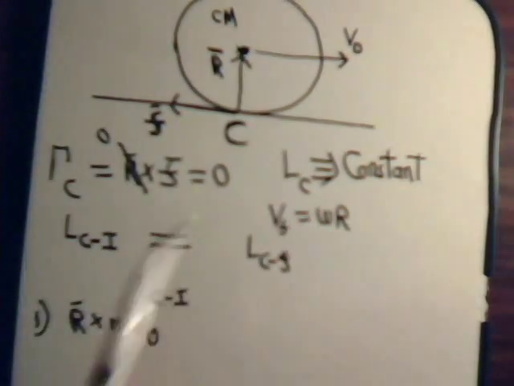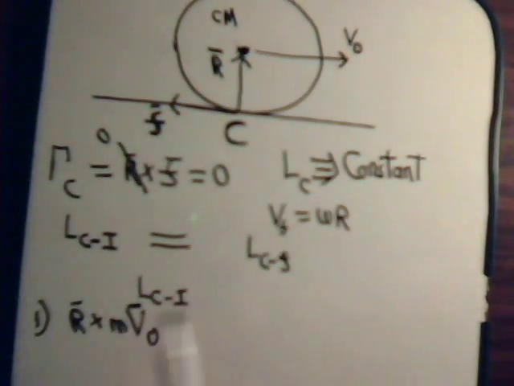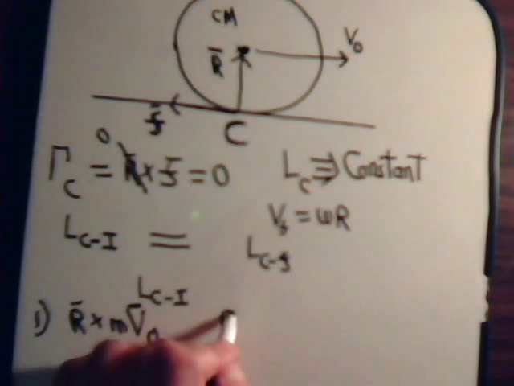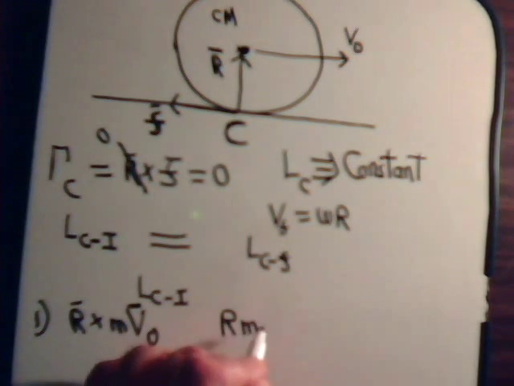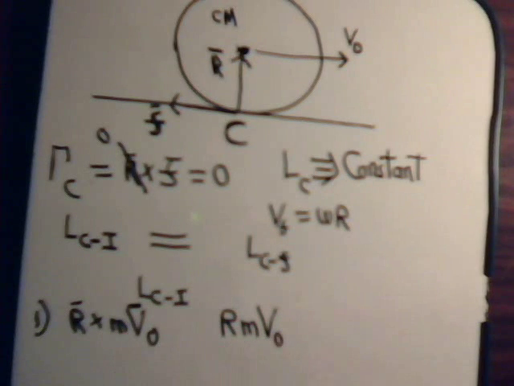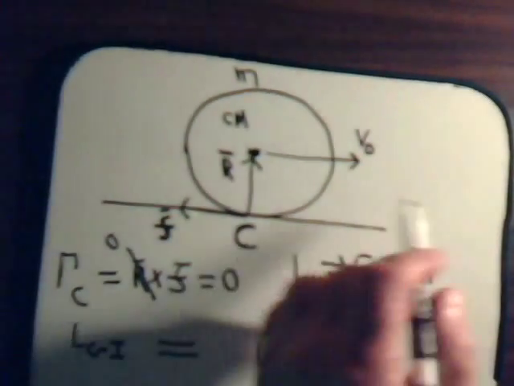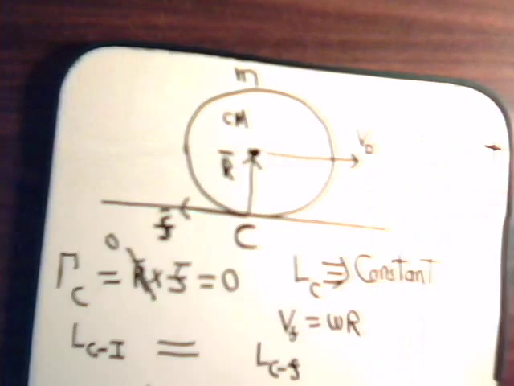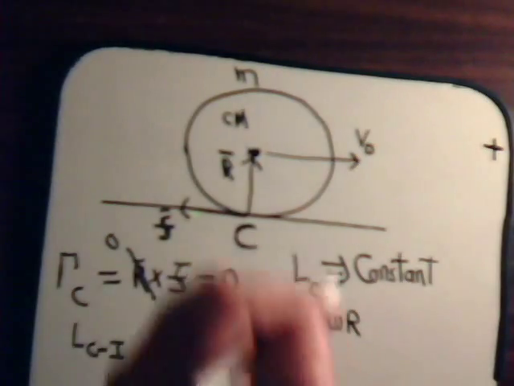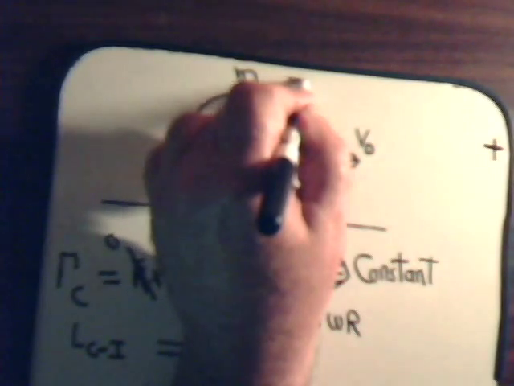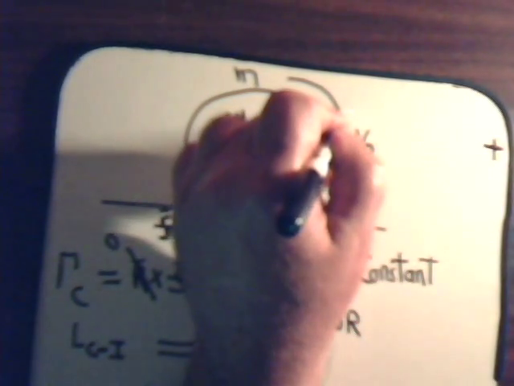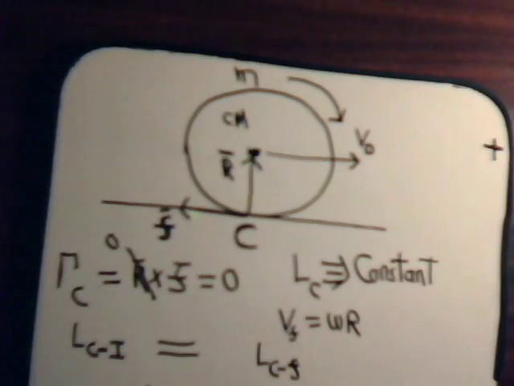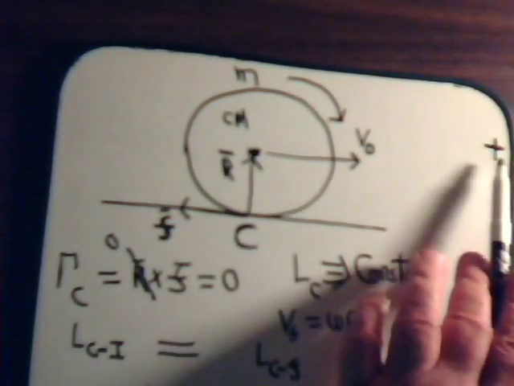And these are perpendicular. So in terms of magnitude, it's r m v0. Is it positive or negative? Well, let's take this motion to the right as positive, and any type of angular velocity or consideration that's clockwise, that's in the same sense as this.